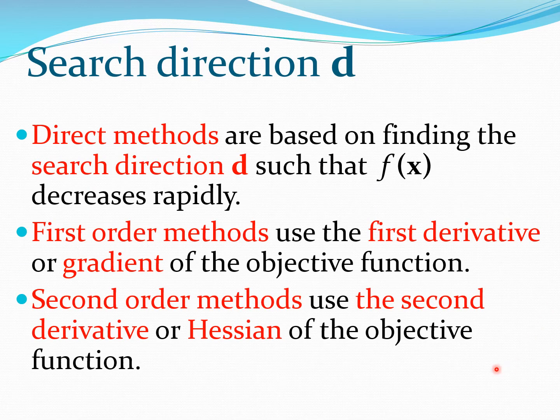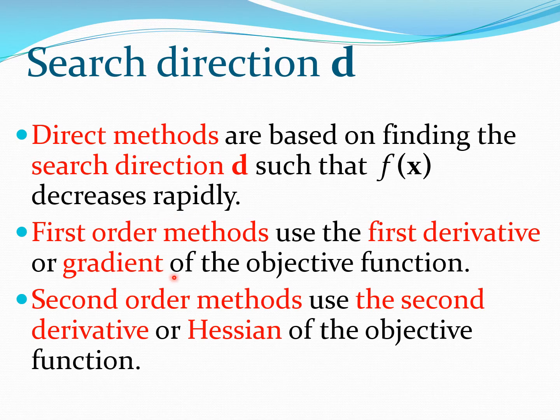Now, most of these methods which try to find the search direction d are classified under so-called descent methods. The aim of these methods is to find the search direction such that the function f of x decreases rapidly.